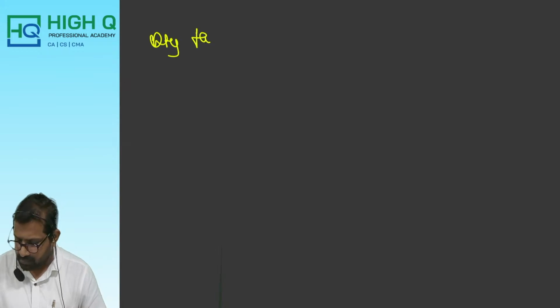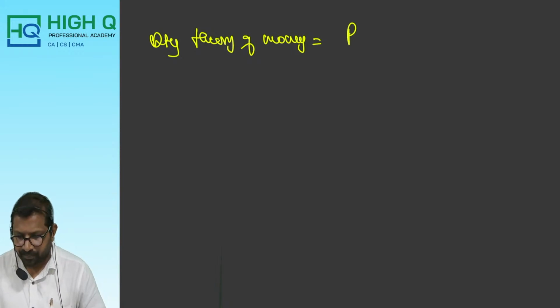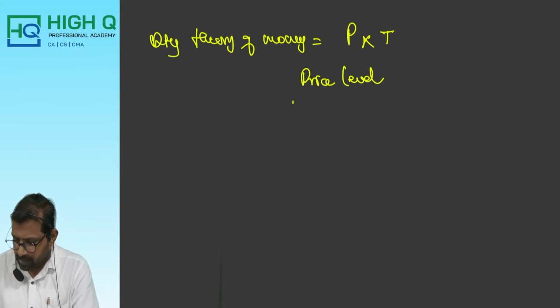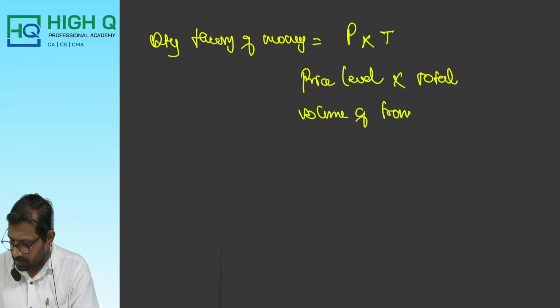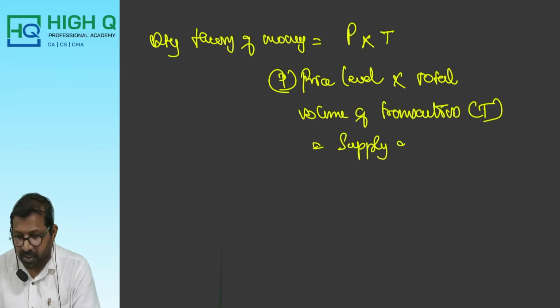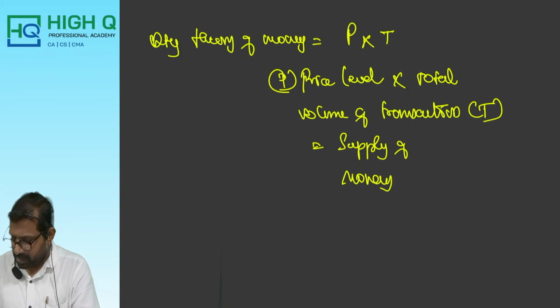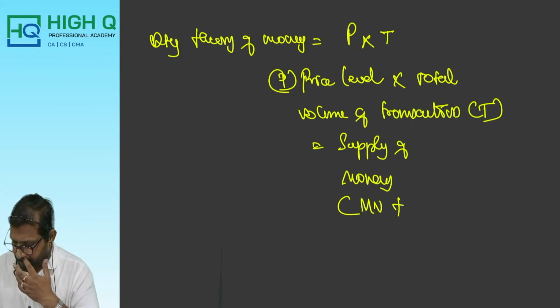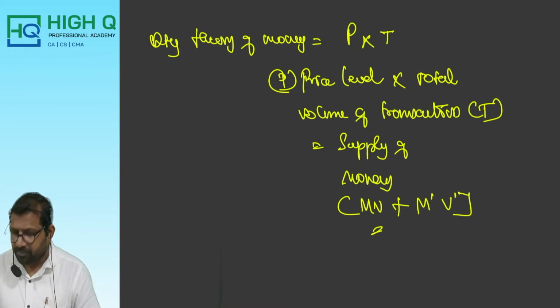Quantity theory of money equals P into T. It means P, the price level, multiplied by T, the total volume of transactions, equals supply of money. Therefore MV, supply of money.